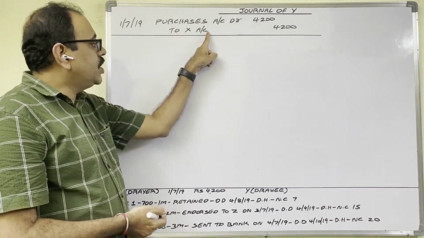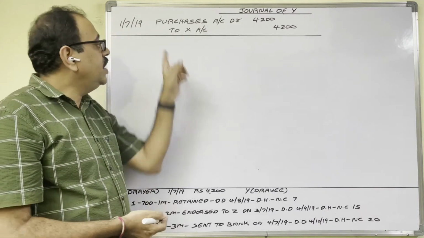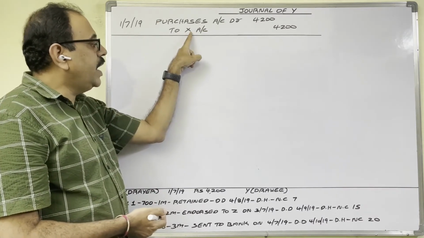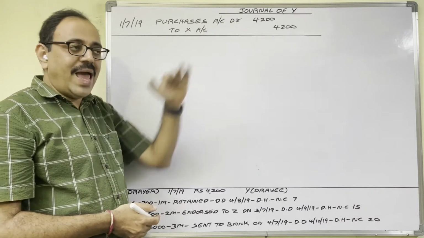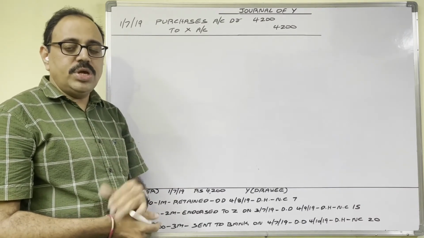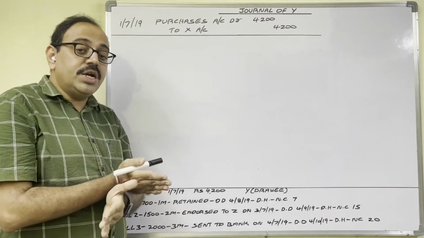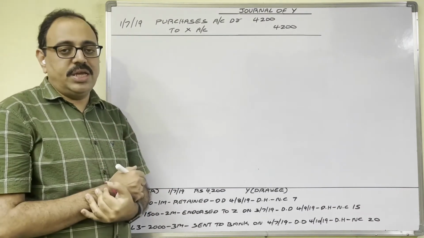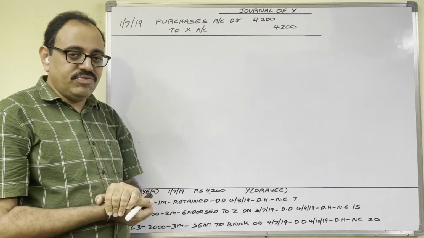And this account, X account, we should cancel now. Because in first entry, we wrote that X is a creditor for 4,200 rupees. When we accepted his bills, now he is not a creditor. So creditor liability is converted into bills payable liability, new liability. So this is a creditor liability we should cancel first.